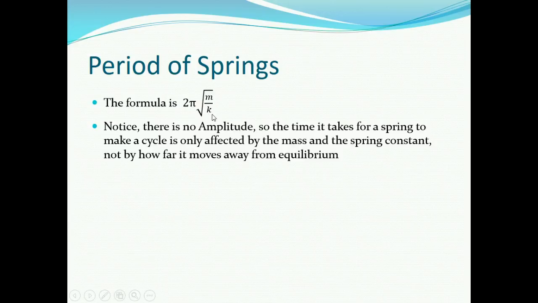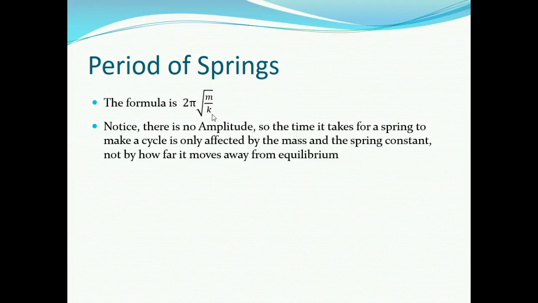The reason why is because when you pull a spring harder, it pulls back with a harder force. So even though you pulled it a greater distance, it's going to accelerate so much faster that the acceleration increases the speed. So it can make a longer distance in the same amount of time.